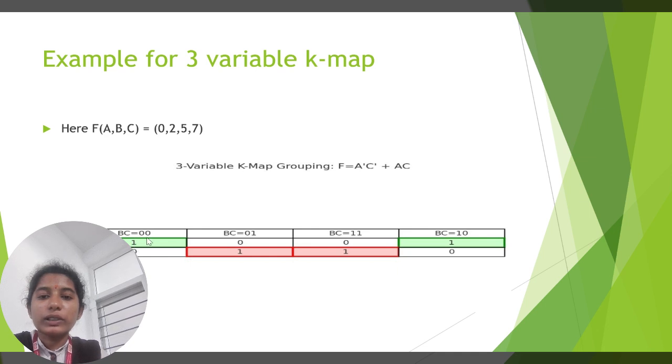Here it gives A bar C bar. Next, 5 and 7 can be grouped. As we said, 0 represents the complement value and 1 represents the same value. Here it represents AC.